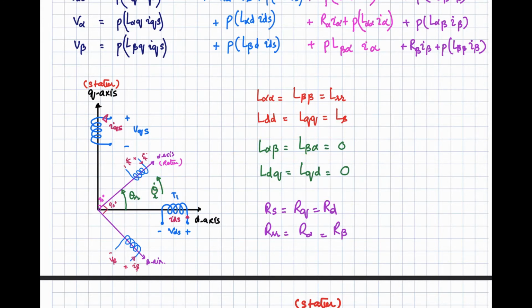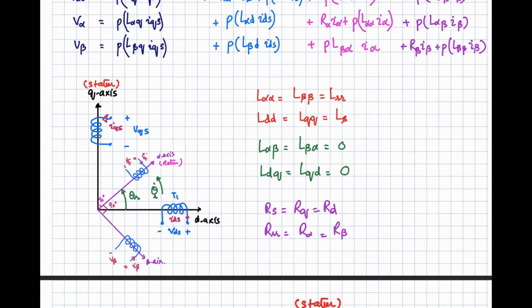Similarly, the inductance between the d axis and the q axis, LDQ or LQD, will be equal to 0 because those are orthogonal, and any variation of this one along this one will not be considered.